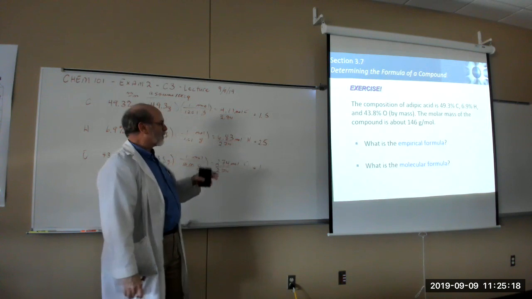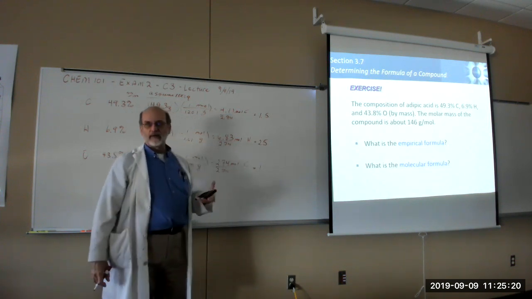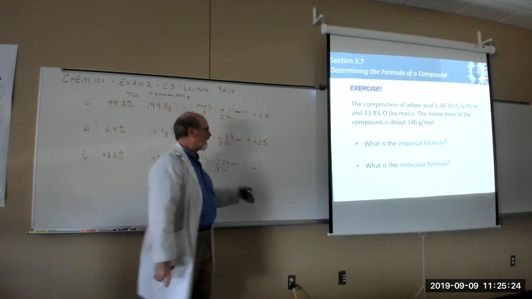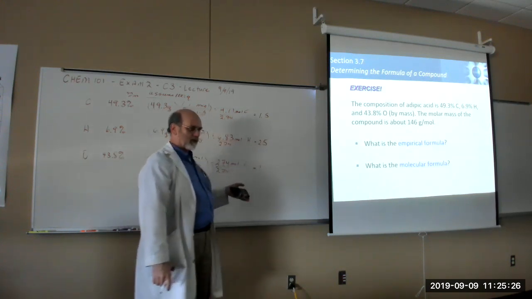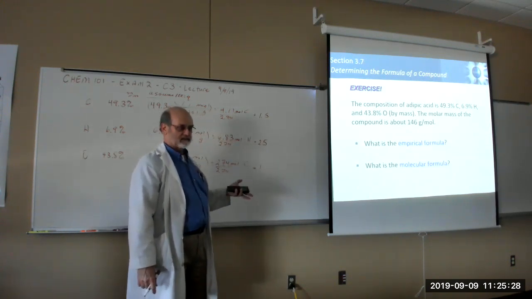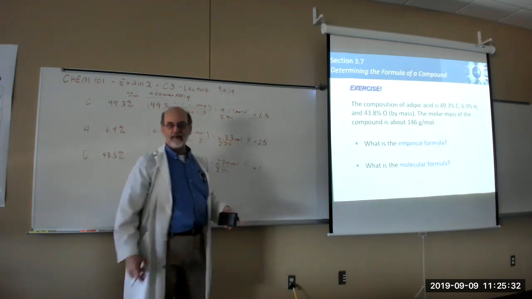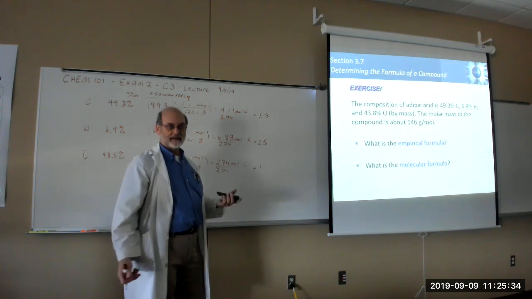So can we multiply all those by a same number? Here we divided by the same number. Can we multiply these by a number and get whole numbers out of that? Right. The key is half. Multiply half by 2 and you get 1.